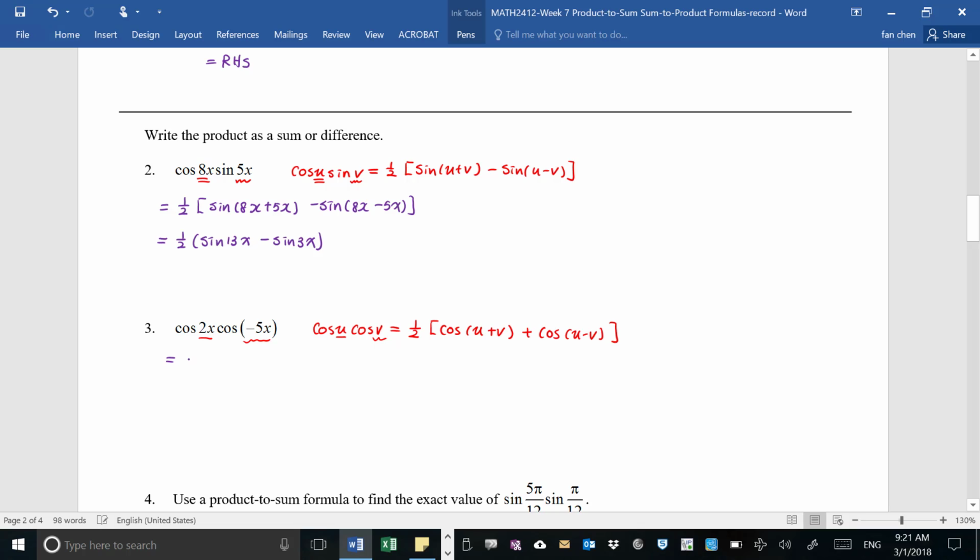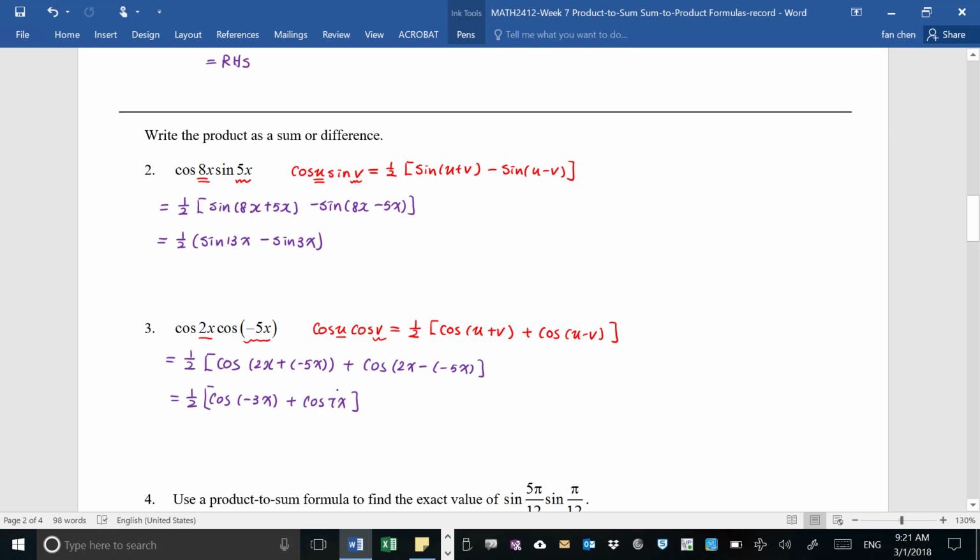So that is equal to half of cosine of 2x plus negative 5x, plus cosine of 2x minus negative 5x, and that's equal to half of cosine negative 3x plus cosine 7x.